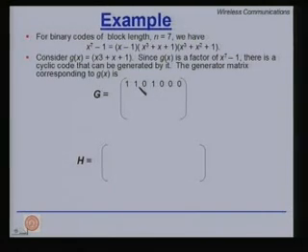So, x^0, x^1, x^2 and x^3, and then a cyclic shifted version, another one and another one. The number of rows is 4, the number of columns is 7, n is equal to 7 and k is equal to 4, and n minus k is the highest power of x here.